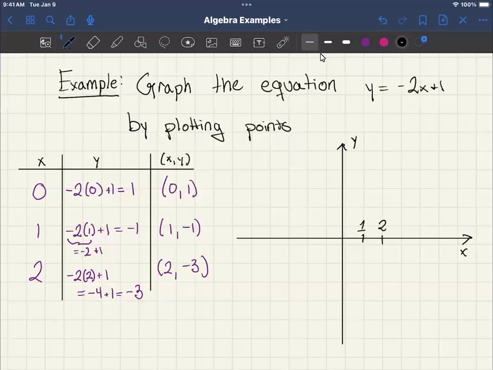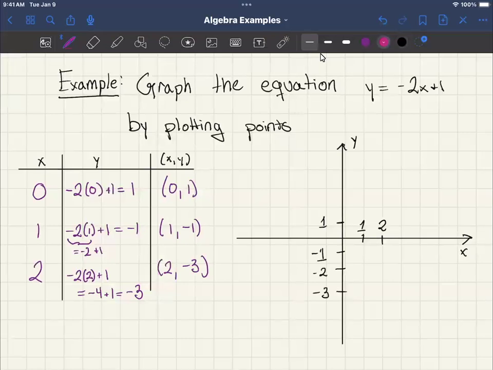For our y values, we start at positive 1, so we'll put a tick mark at positive 1. And then we go all the way down, notice negative 1 and negative 3. So this is on our vertical axis. Negative 1, negative 2, negative 3.